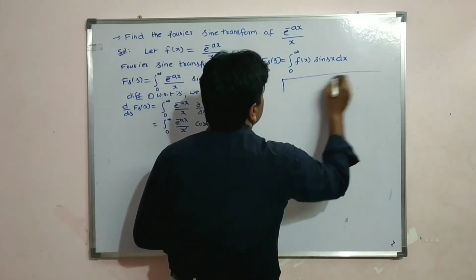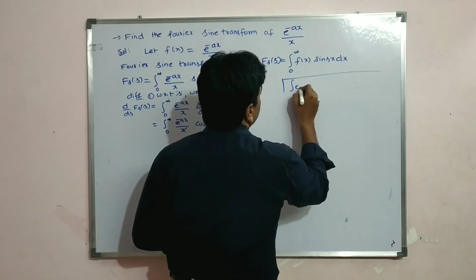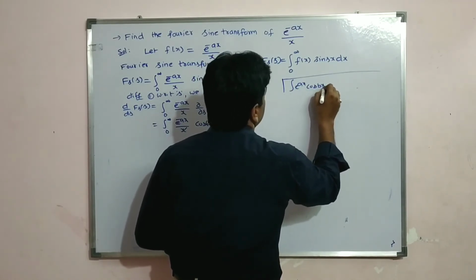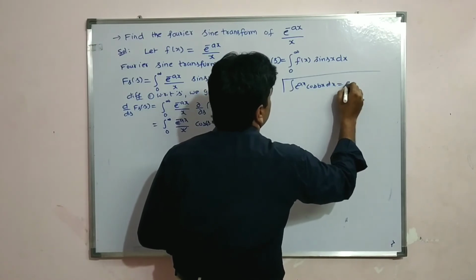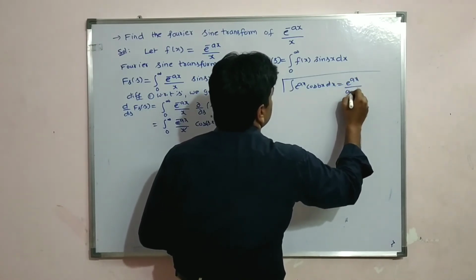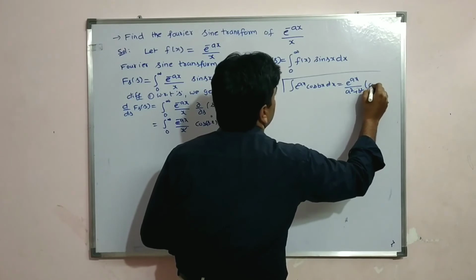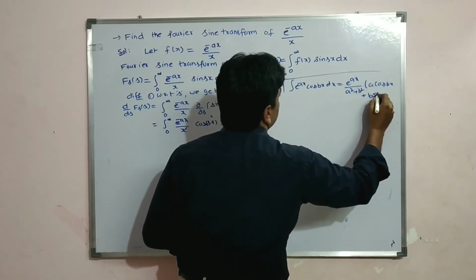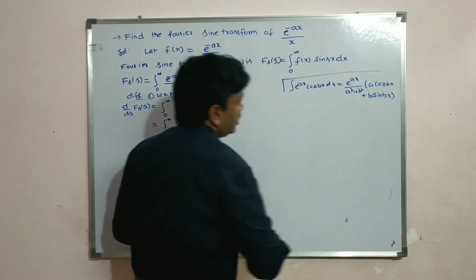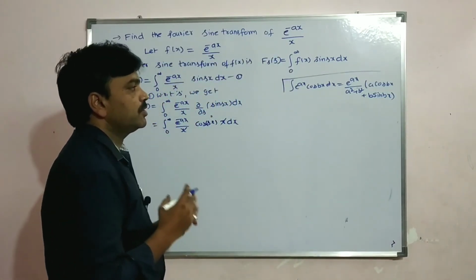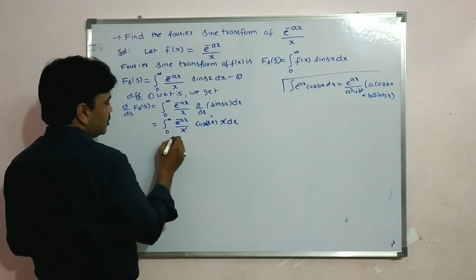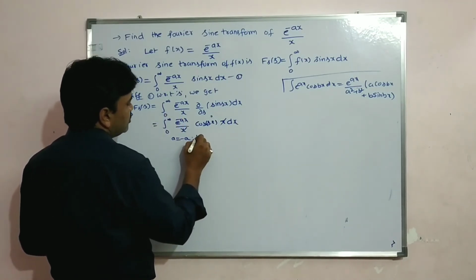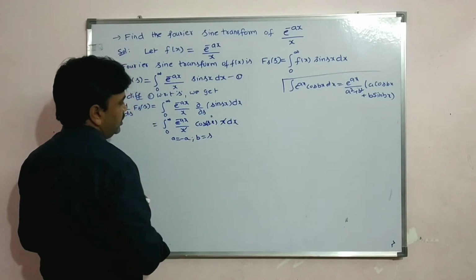What is the formula? The integral of e power ax cos bx dx is e power ax by a square plus b square into a cos bx plus b sin bx. Now what is a here? a is minus a. And what is b? b is s.